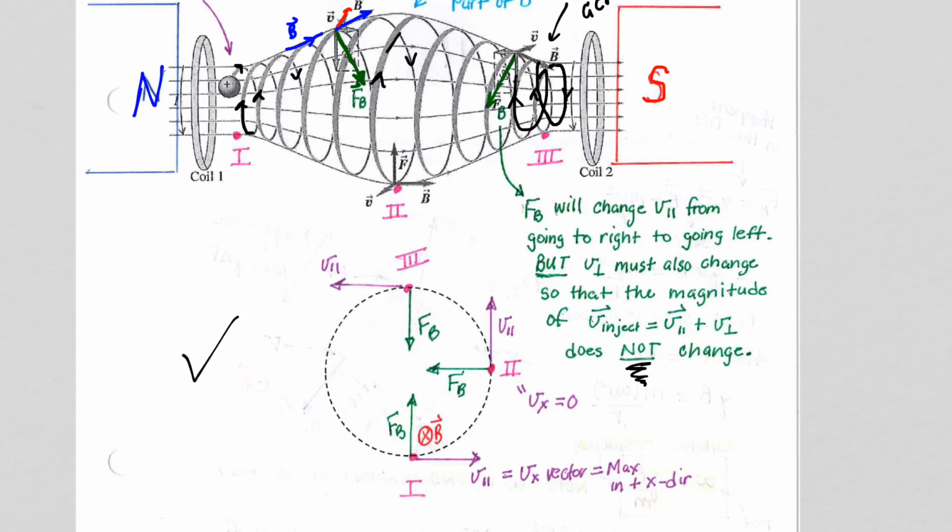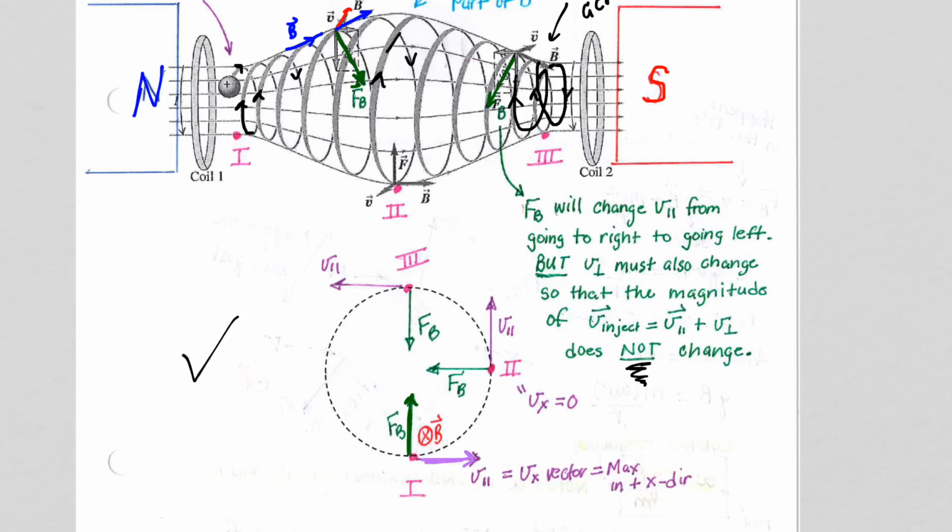If we consider, let me go back here. If we consider the velocity vector tangent to the right down here, the magnetic force is up, the B field is into the paper.